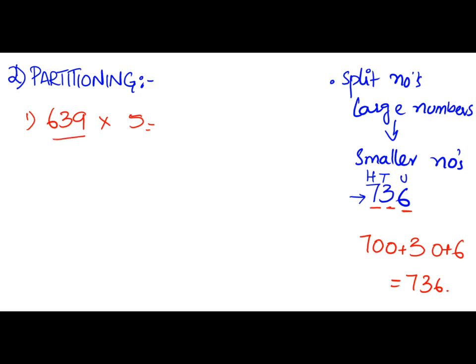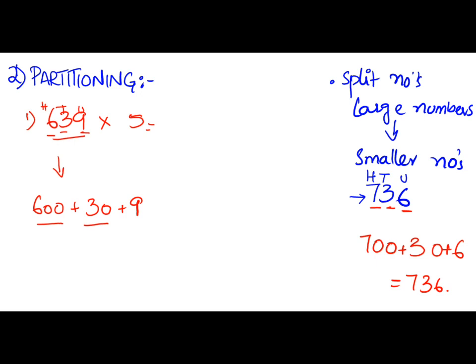The split of this larger number will be written as 600 plus 30 plus 9. According to their place value in the number, 9 is present at the units place. 3 is present at the tens place, that's why it is written as 30. And 6 is present at the hundreds place, so that's why it is written as 600.